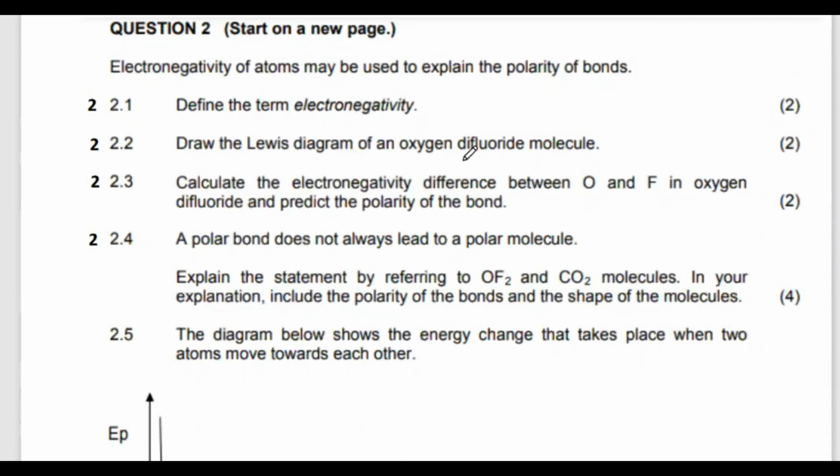Draw the Lewis diagram of oxygen difluoride. Oxygen difluoride is oxygen, but fluoride is a di. So now we have done this. Make sure that you know how to do it. Oxygen is 1, 2, 3, 4, then 5, 6. Isn't it? Yes.